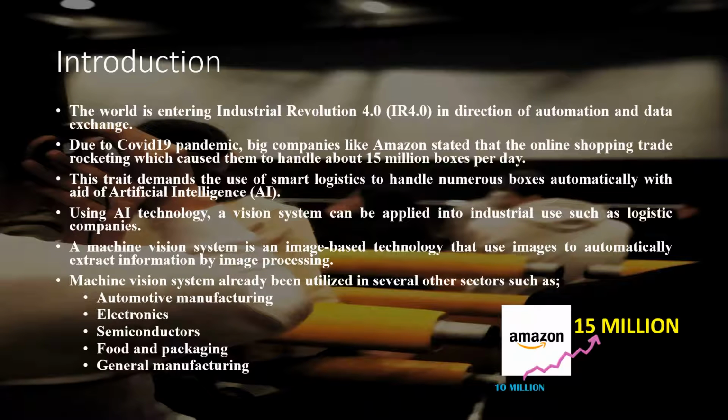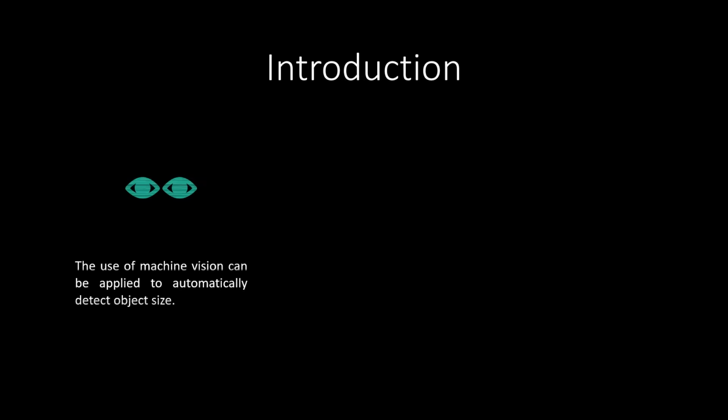Using AI, a vision system can be applied into industrial use to help handle the hard workload. A machine vision is an image-based technology that uses image processing techniques to extract information. This kind of technology has actually already been used in automotive and manufacturing, electronics, semiconductor, food and packaging, and also in general manufacturing.